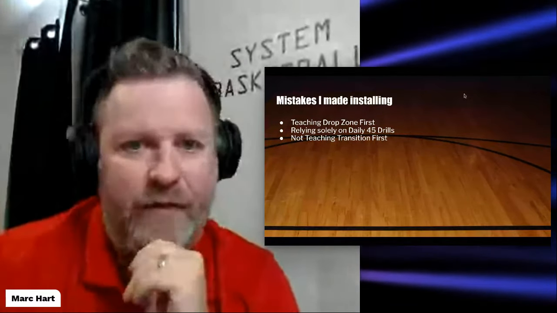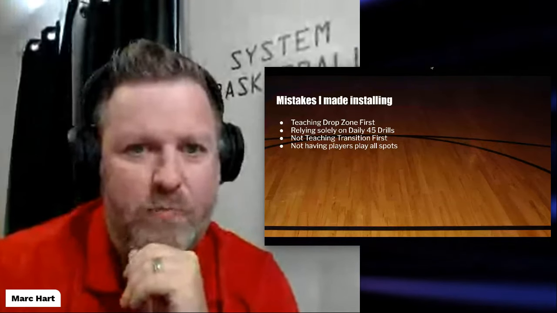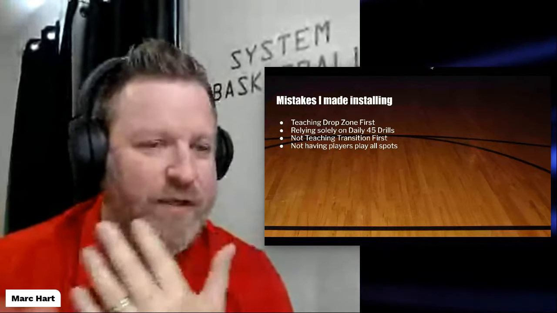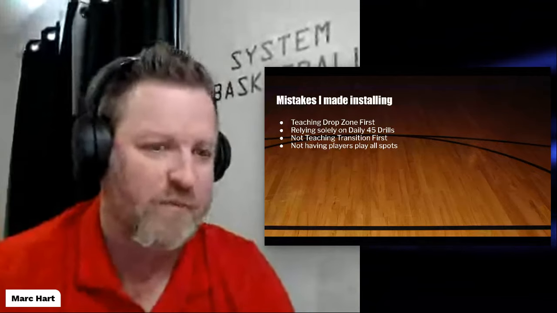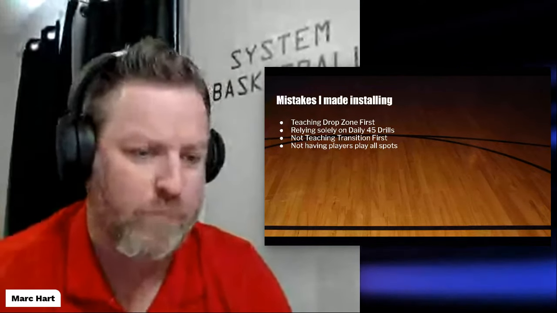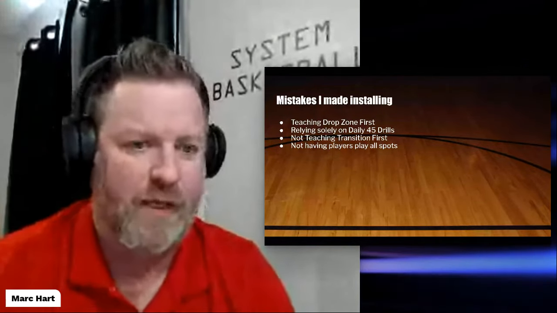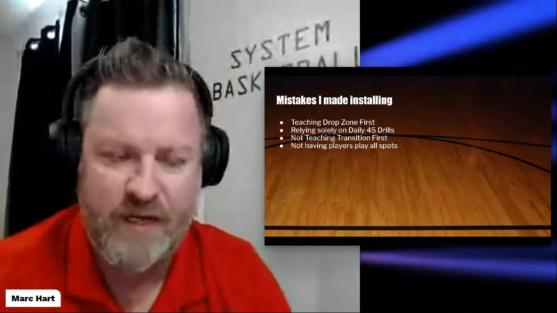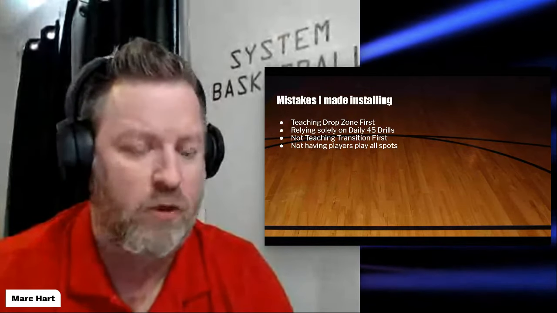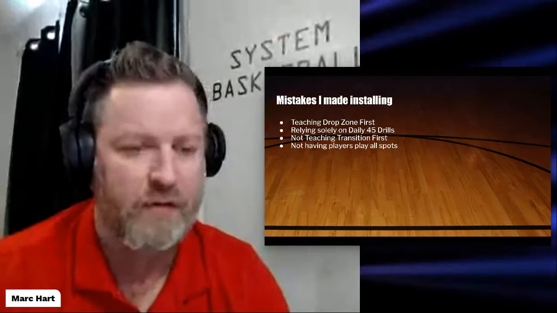And then I pigeonholed my players. It's supposed to be a positionless type offense. You've got four perimeter positions and a post in the traditional DDM. If you watched my previous podcast, I went over how you can run it out of 5 out and 3 out, 2 in.